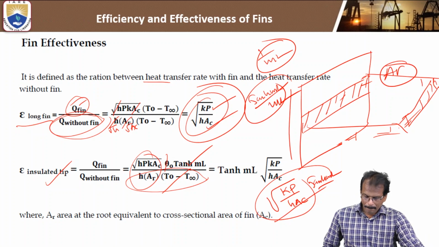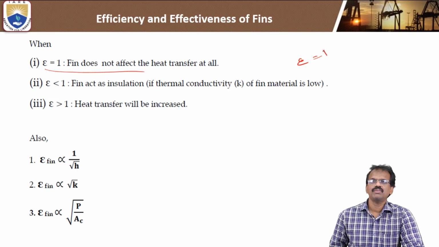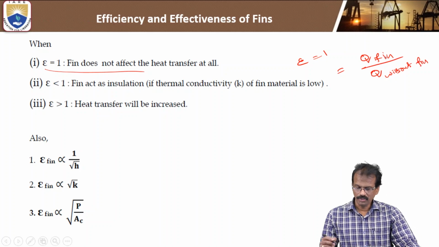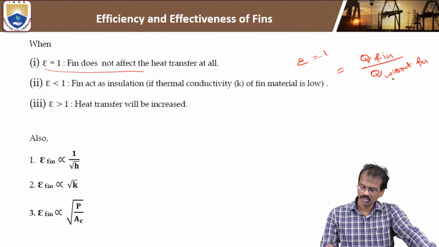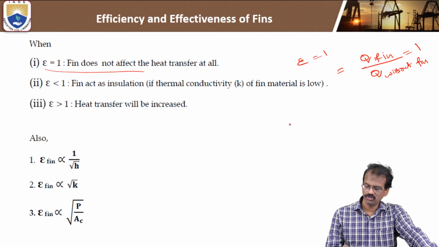Now we'll see effectiveness values. If the effectiveness is equal to 1, it means Q fin by Q without fin is 1. This is heat loss by the fin over heat loss without fin. If this is equal to 1, it means Q fin is equal to Q without fin.